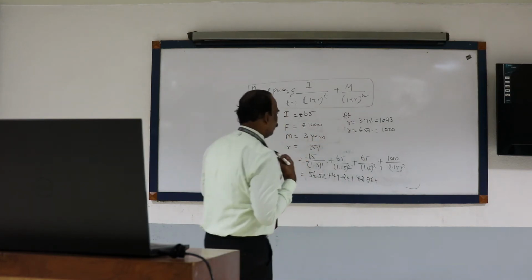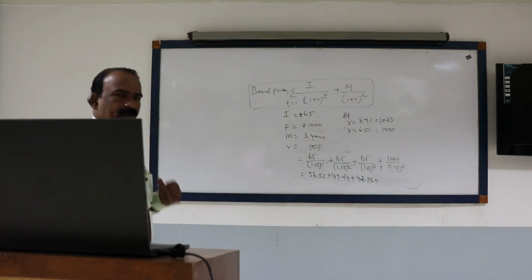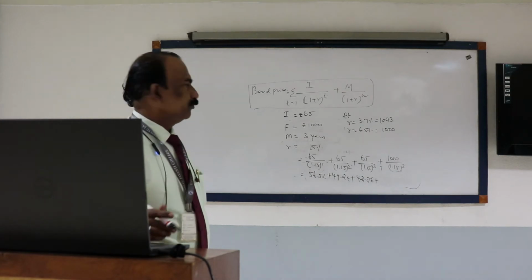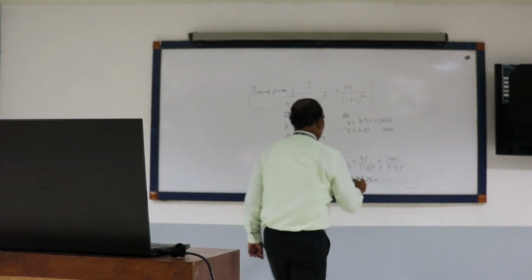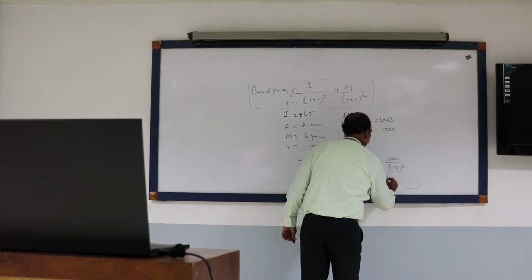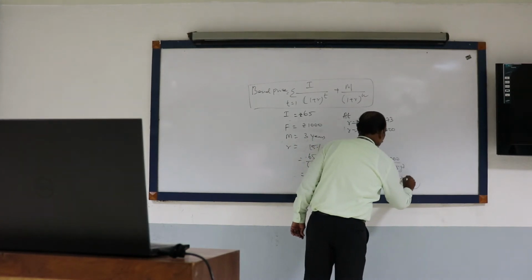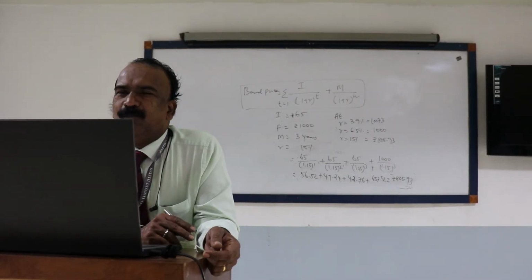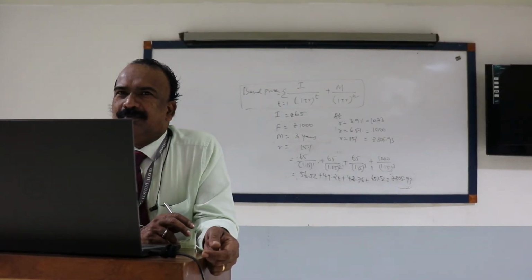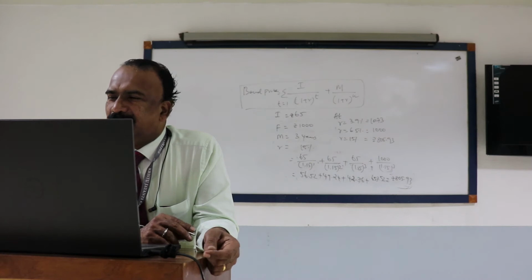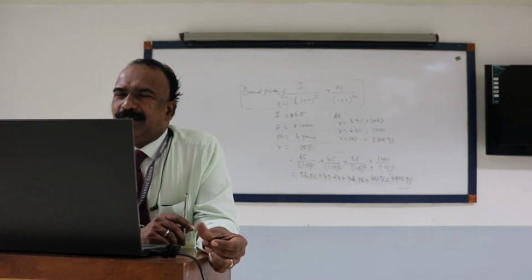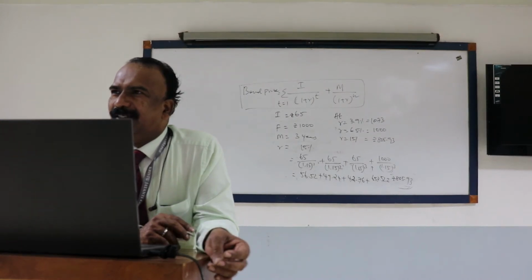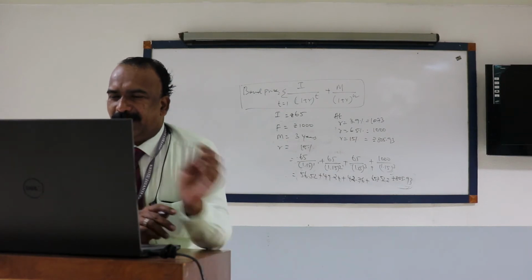Plus 1000 divided by 1.15 power 3, that is 657.89. How much comes? So it is the rate at which the investor is expecting. Very good.